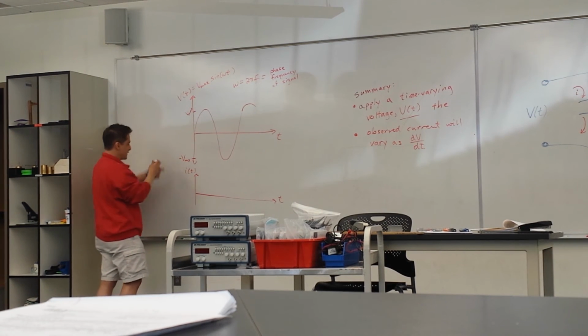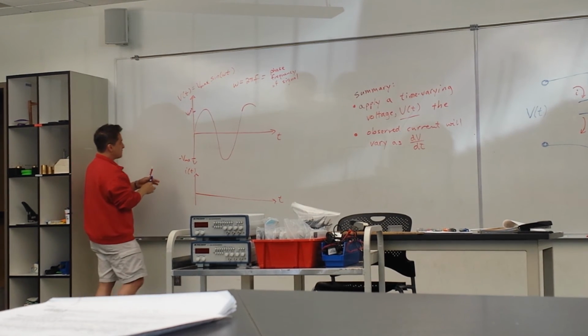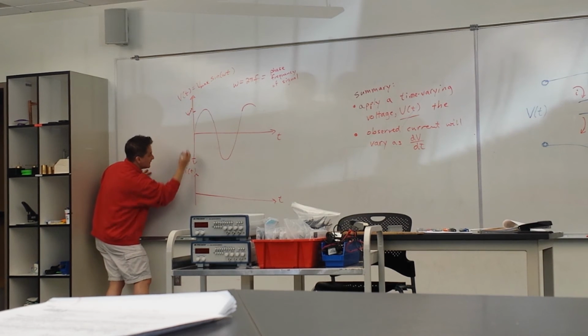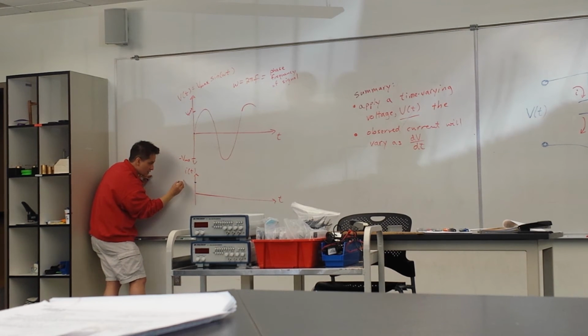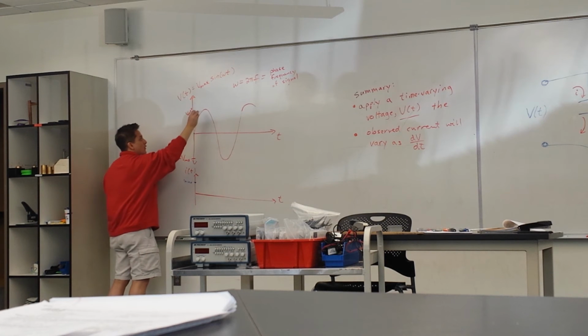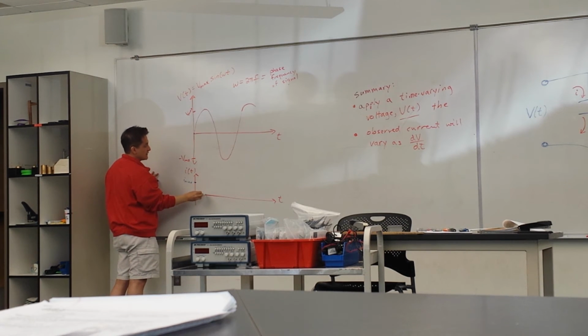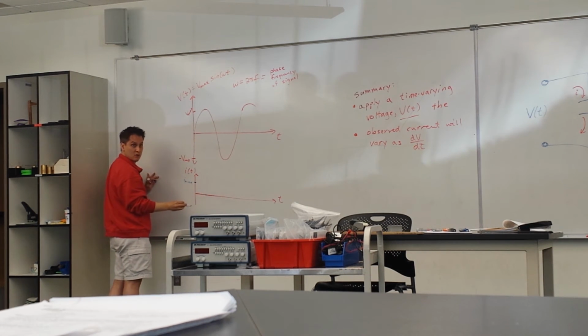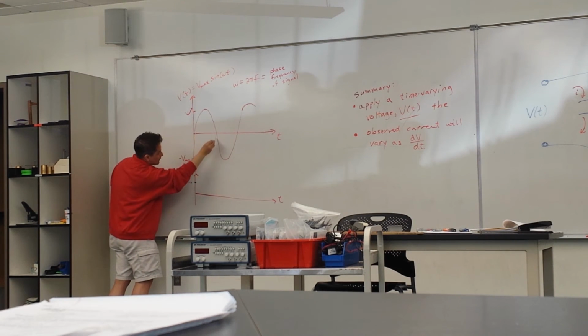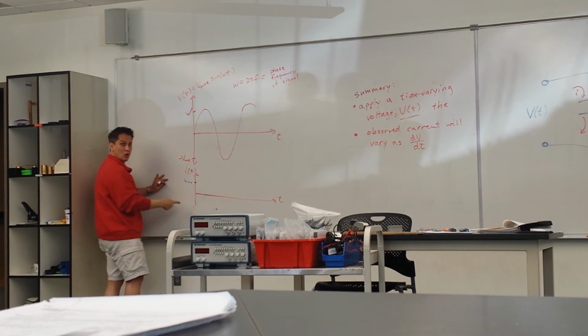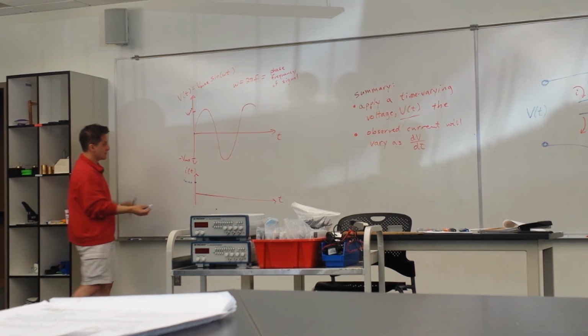So if we were to plot this, where the voltage is changing the fastest, we would have the highest current. I'm going to call this I max. Where the voltage is changing at the slowest rate, it ought to be zero. Where it's steepest in the downward direction, we would expect the current to be maximal but flowing in the opposite direction.